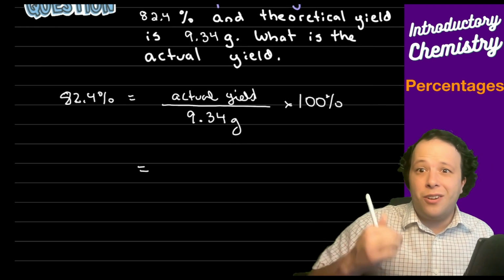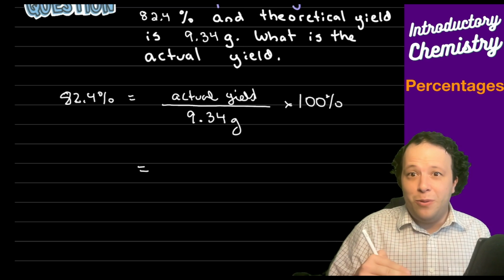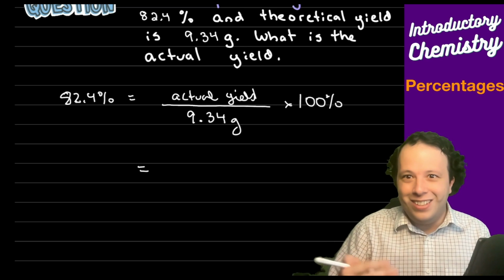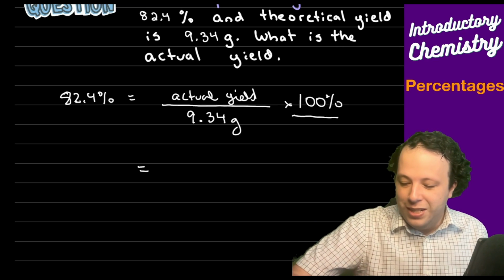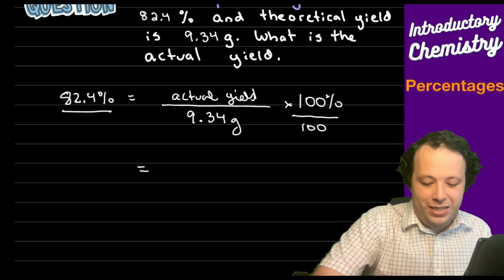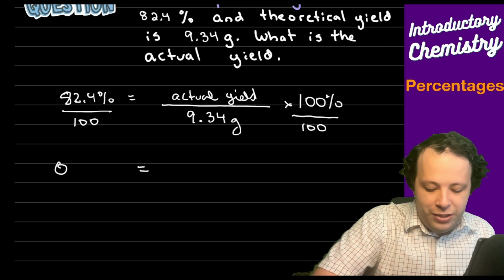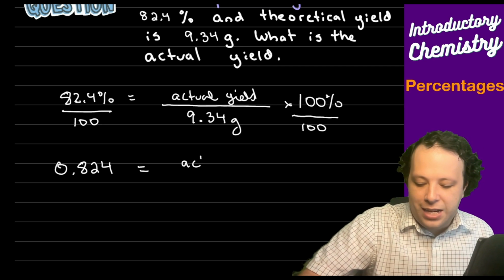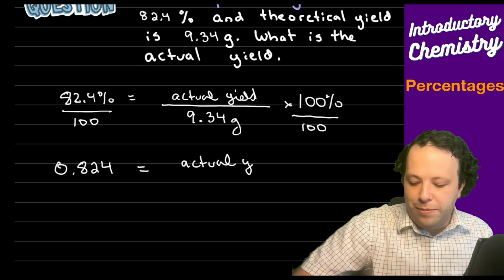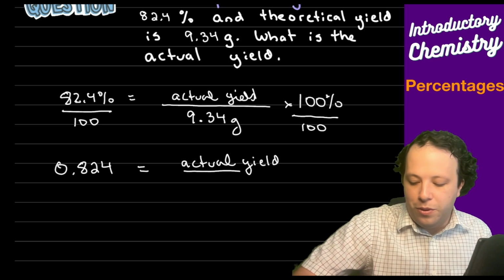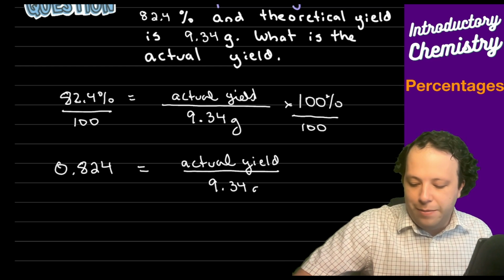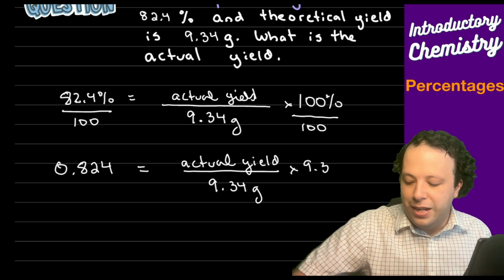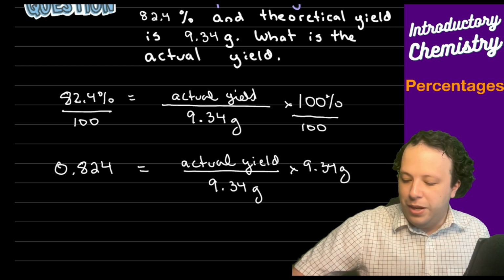First thing, just like our original steps from earlier, the very beginning of this video, divide by 100. Notice how that's the first thing we will do. When we divide by 100 on both sides, you will get 0.824 is equal to the actual yield divided by 9.34. Our next step, we multiply 9.34 grams by each side.